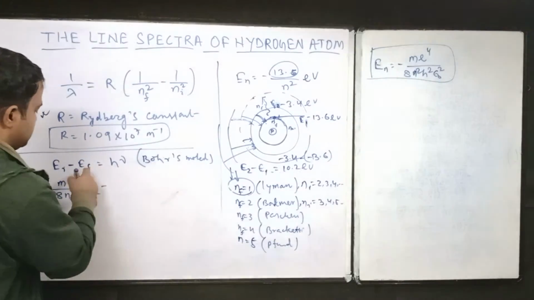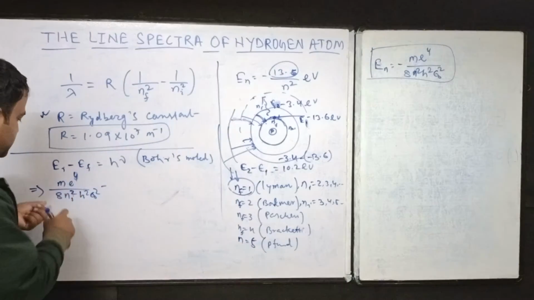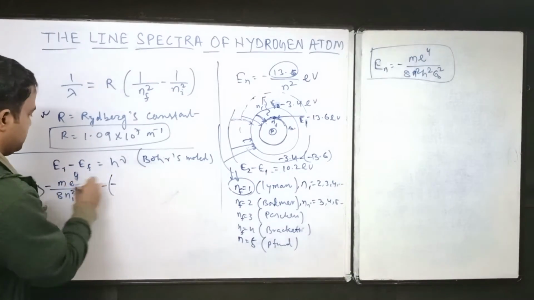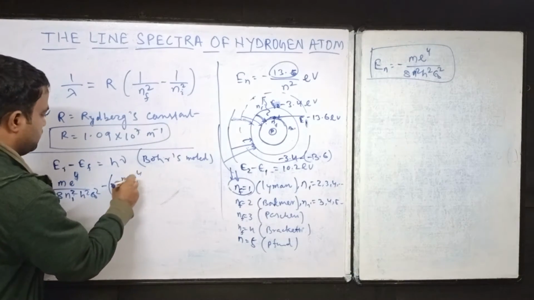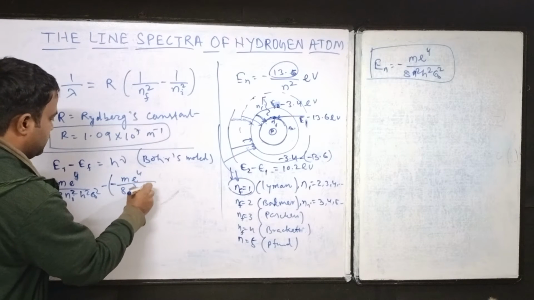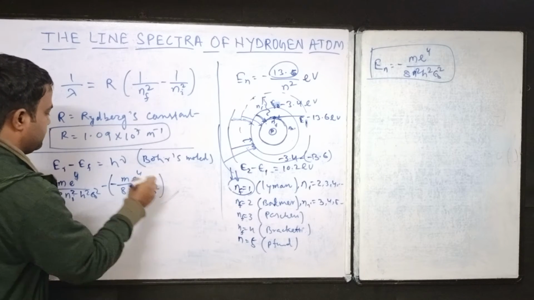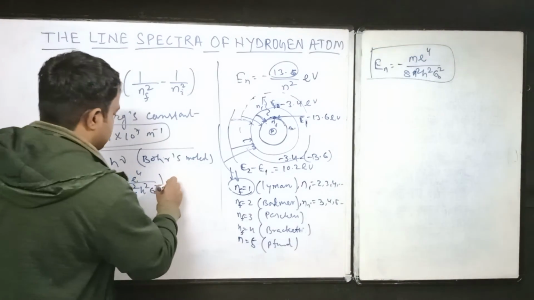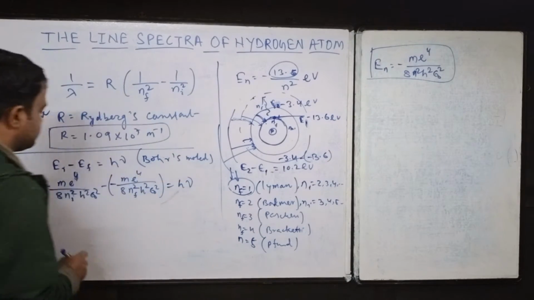This is minus, and this is Nf, and since the negative sign is there, another negative sign will be here. So m e to the power 4 over 8 Nf square h square epsilon naught square. This is the energy difference according to Bohr's model, and this is your h nu.